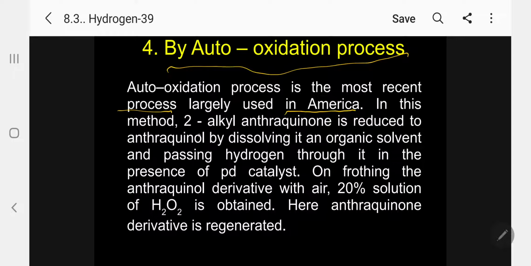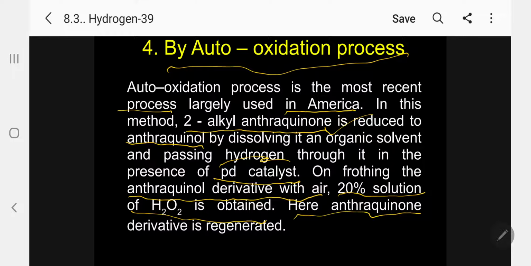In this method, 2-alkyl anthraquinone, whose structure I will show you later, is reduced to anthraquinol by dissolving it in an organic solvent and passing hydrogen through it in the presence of a palladium catalyst. On frothing the anthraquinol derivative with air, a 20% solution of hydrogen peroxide is obtained. Here, the anthraquinone derivative is regenerated.